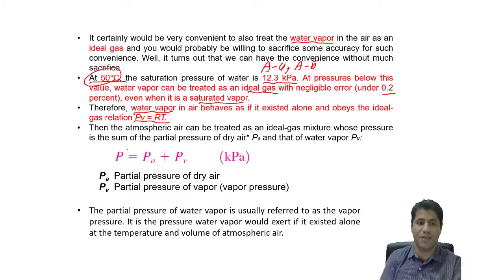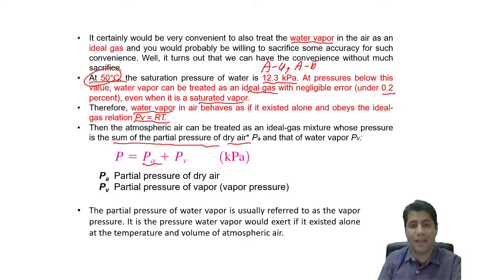Based on this, the atmospheric air can be treated as an ideal gas mixture whose pressure is the sum of the partial pressure of dry air, PA, and that of water vapor, PV.